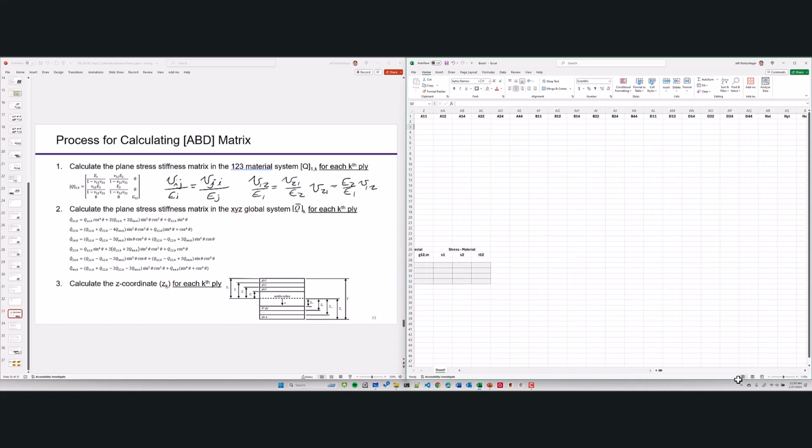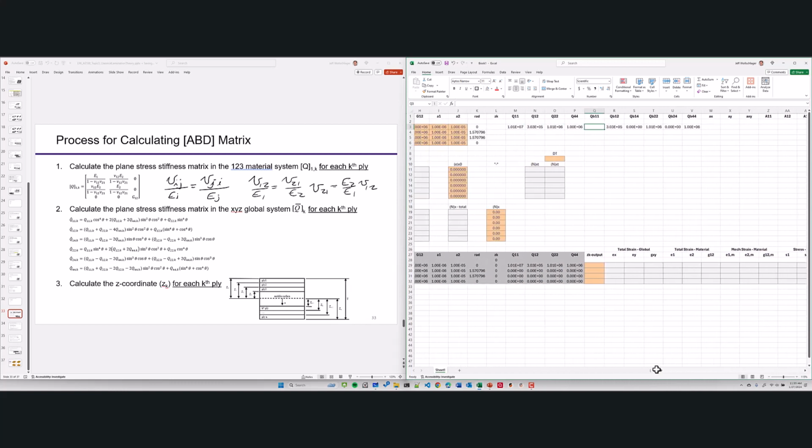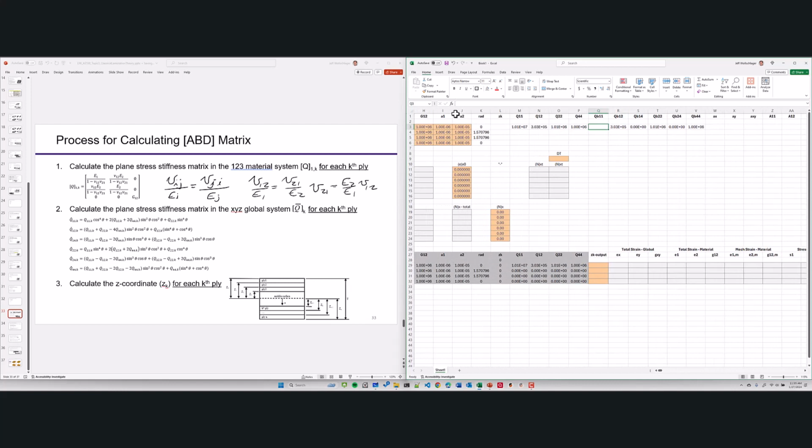Okay, so let's just move this over a little bit to what we're going to need. There we go. And so now I'm going to run the Q bar 11 calculation.